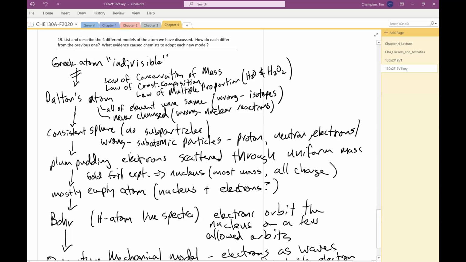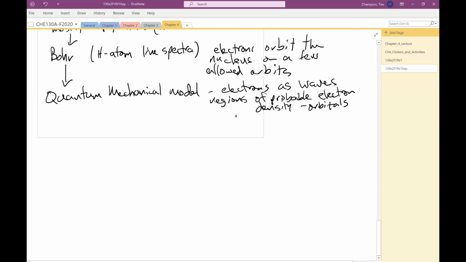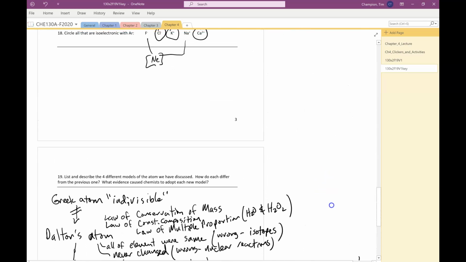But the kind of things I would be looking for, again, is that you had 4 of the big models that I identified, and then have what the evidence is, or explaining why one is different from the next one. You can kind of do the evidence both ways. So anyway, that's how an essay question might go on a test like this.